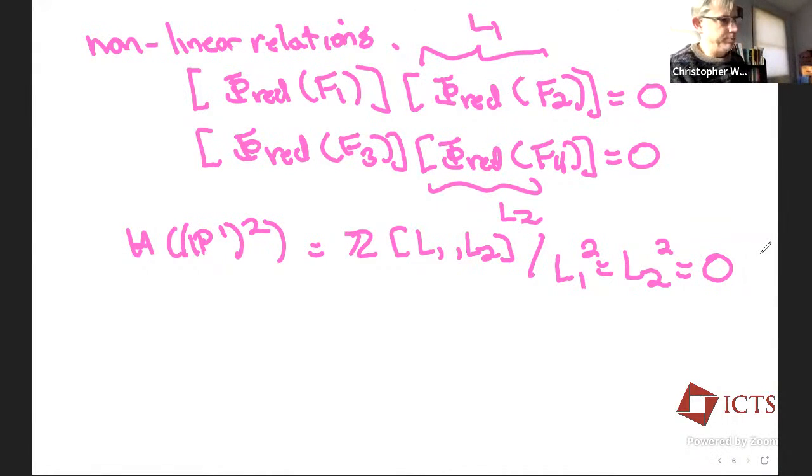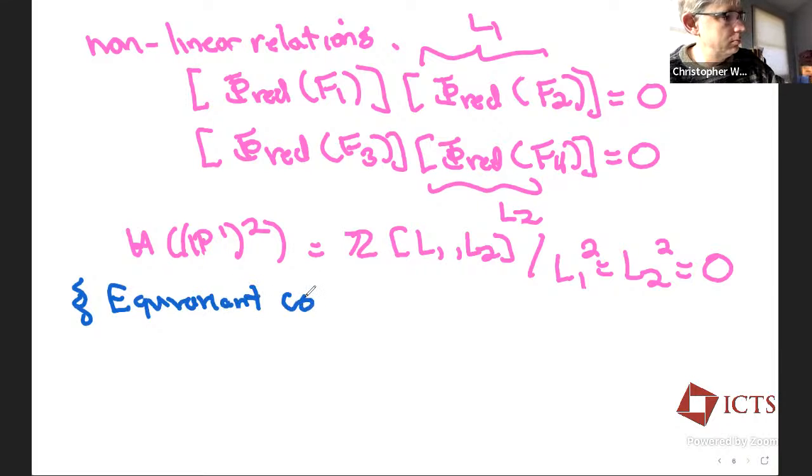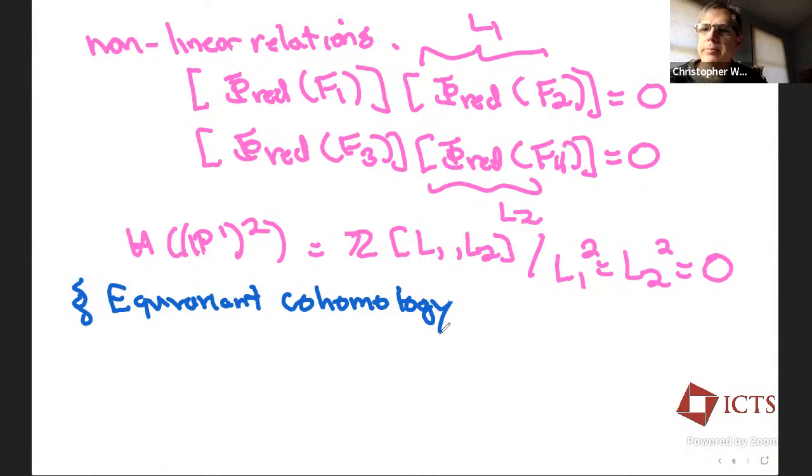Okay, so I want to move on now to equivariant cohomology. I'm not going to assume that people have seen this.